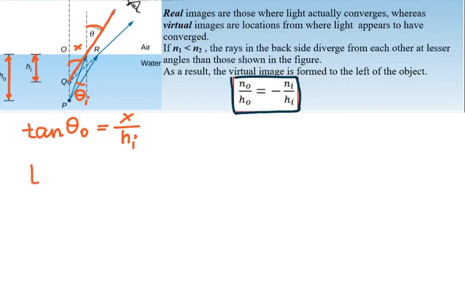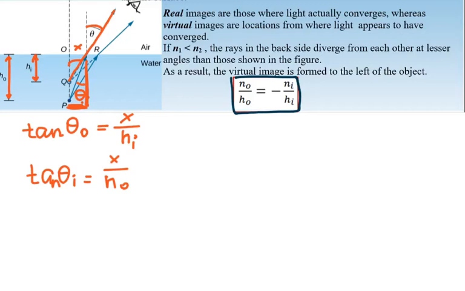And the tangent of theta I is equal to X over, so again this is going to be your X, and this will be your H sub O, so that's X over H sub O.